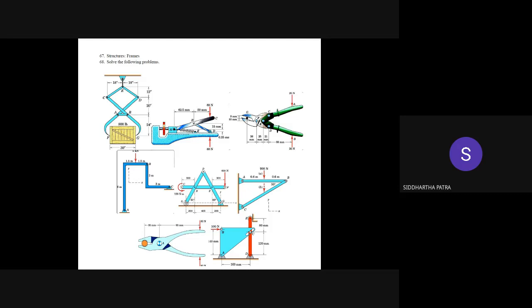On the top row, the middle figure is what we are currently talking about.